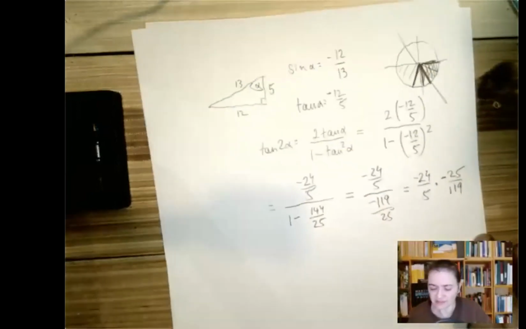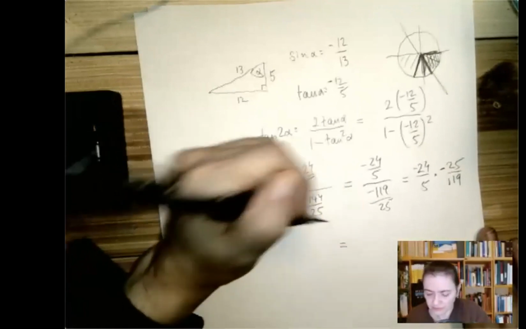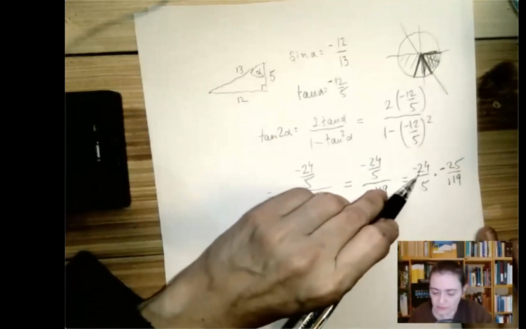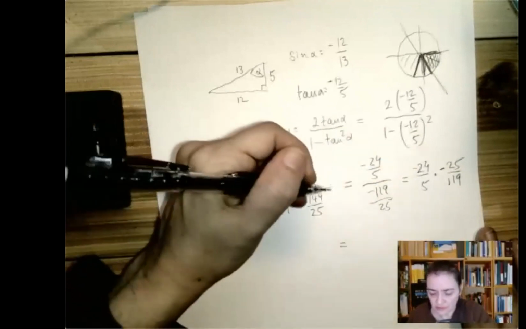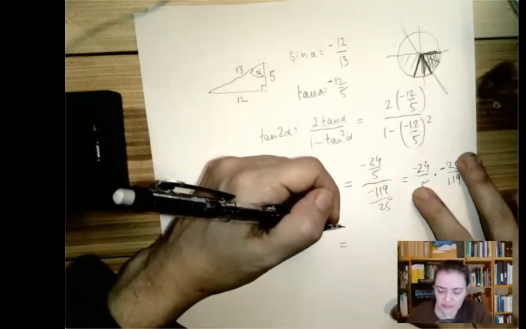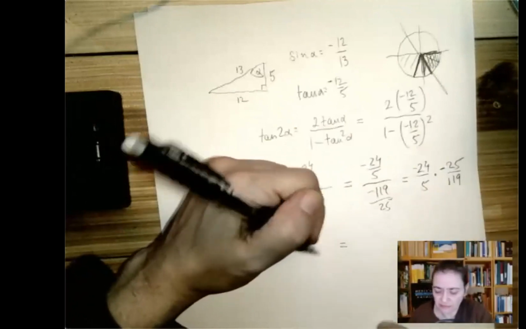I think 119 is not a prime number, but clearly it is not divisible by 2 or 3. So there's not going to be any cancellation. The only cancellation we have is between 5 and 25.